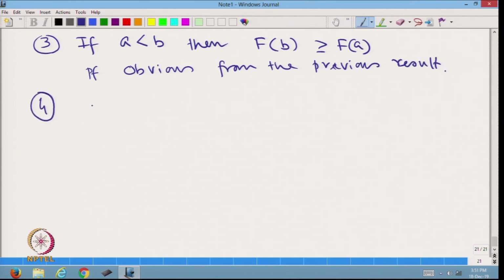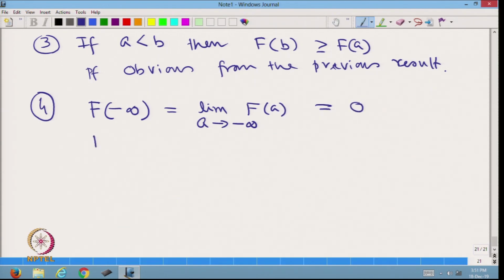4. F of minus infinity is equal to limit a going to minus infinity of F of a, which is equal to 0, and F at plus infinity, which is equal to limit b going to plus infinity F of b, which is equal to 1.